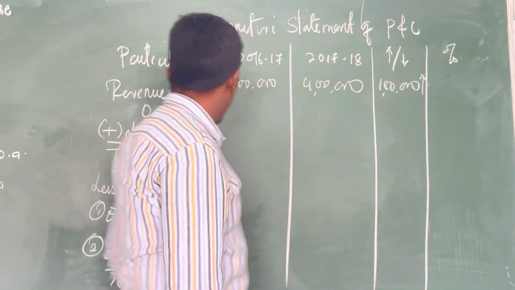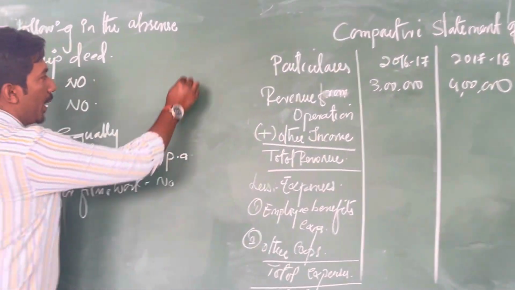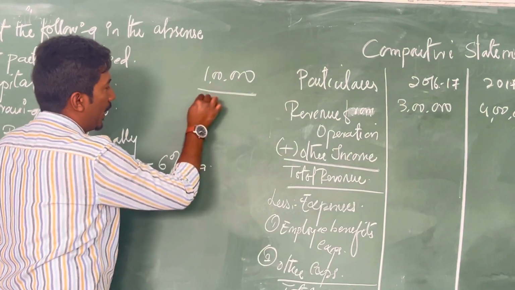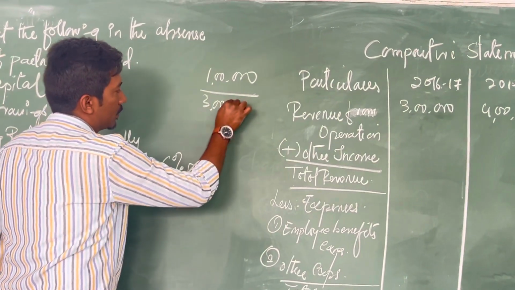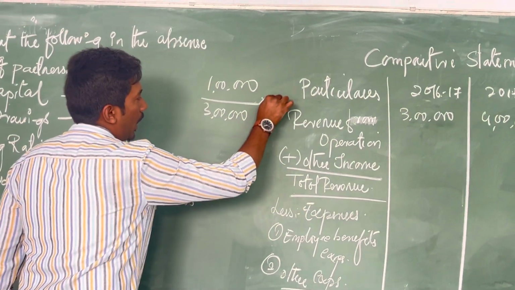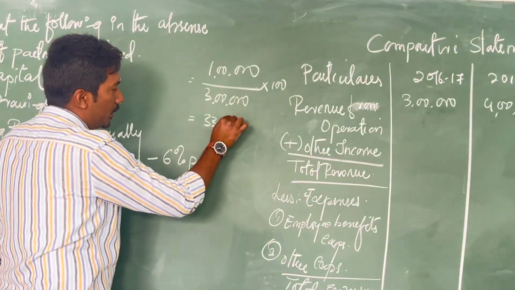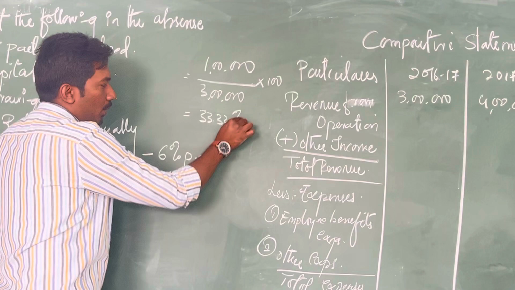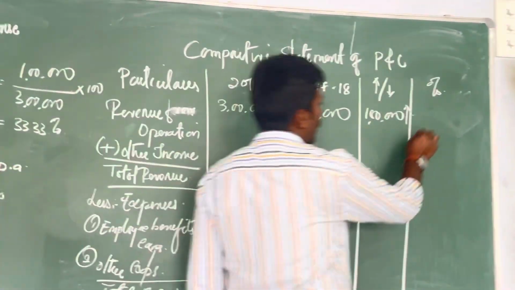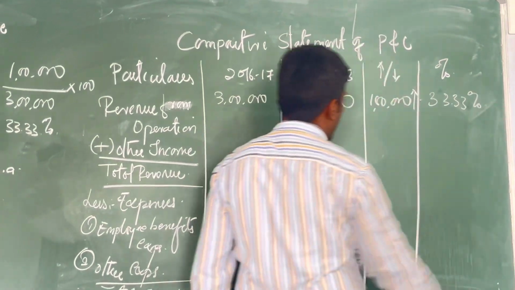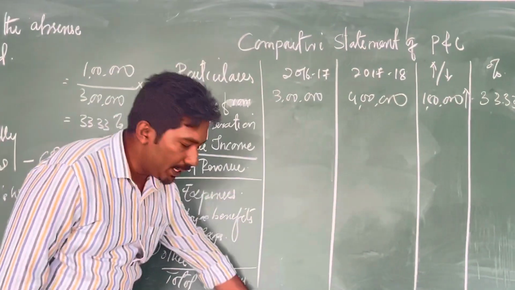Now how to calculate the percentage? You can write 1 lakh divided by 3 lakh into 100. If you do that, you will get 33.33%. So come here and write down in the column 33.33%. The same thing you will carry till the end.